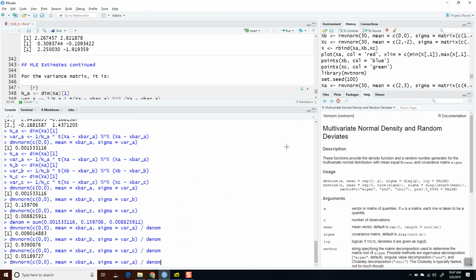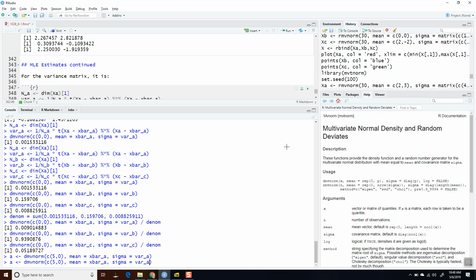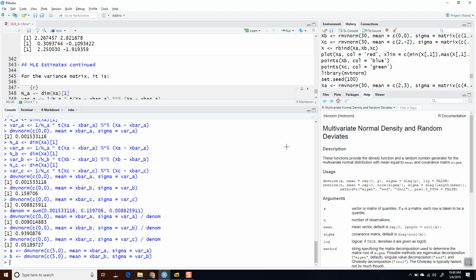So I'm just going to call this A, and we'll go to 5, 0. And we'll do the same for B, and we'll call this 5 for 5, 0, and then we'll do this for C.